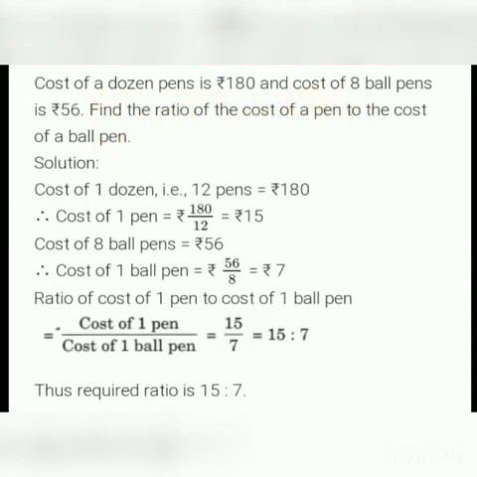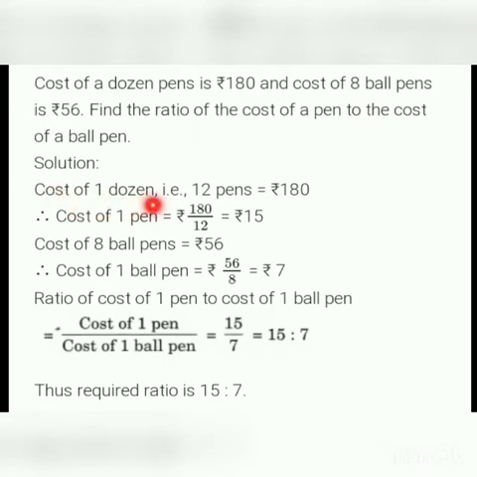We have to find the ratio of the cost of 1 pen to the cost of 1 ball pen. So first we are finding the cost of a dozen pens, which means 12 pens. From the cost of 12 pens we are finding the cost of 1 pen. Similarly, from the cost of 8 ball pens we are finding the cost of 1 ball pen. So let's find that out.